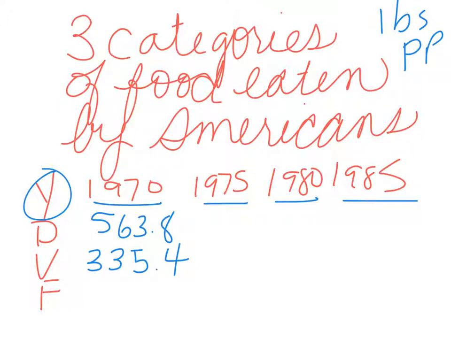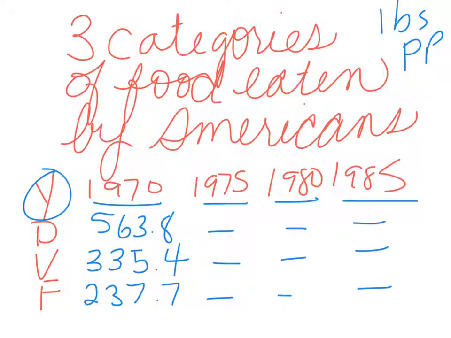And fruits, there was 237 pounds per person, and we could go through and fill our chart out for every year, every 5 years, until we got to 2000. And this kind of data we would find from the U.S. Department of Agriculture, which prints out this kind of data.